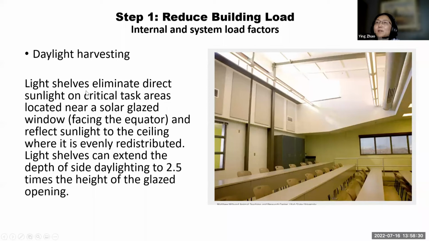This picture shows a light shelf illuminated by direct sunlight, so it also reduces glare on critical task areas. And then it reflects the light onto the white ceiling, which has a very high reflection ratio, and they can bounce it back and evenly distribute it deeper inside the space.